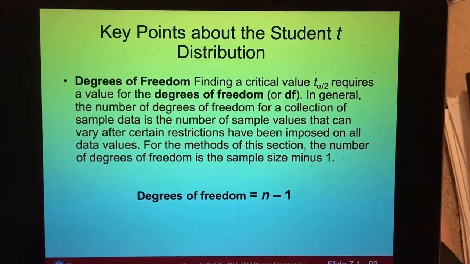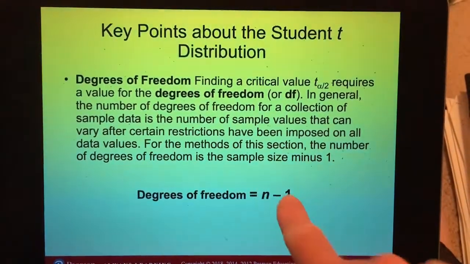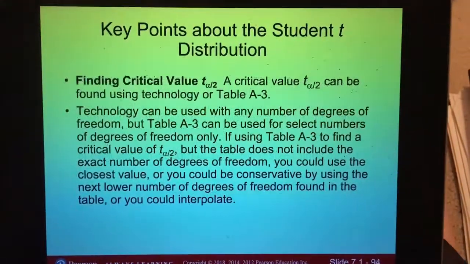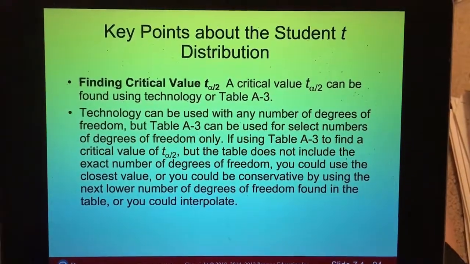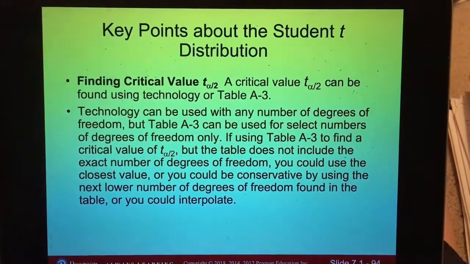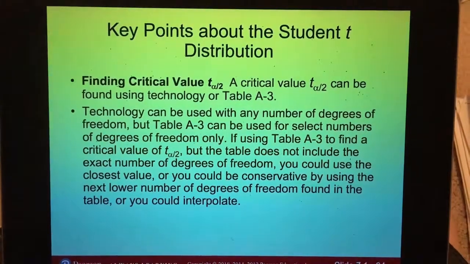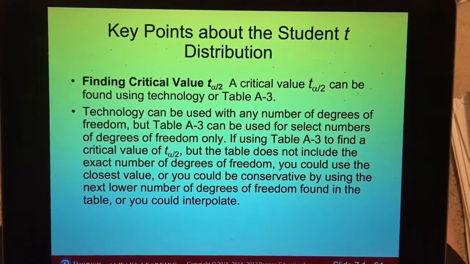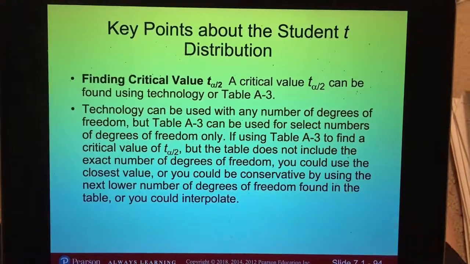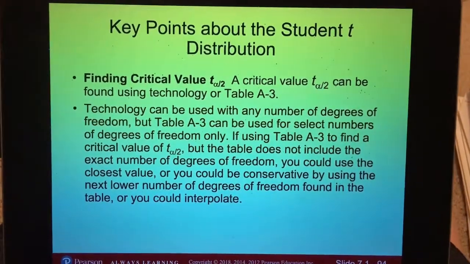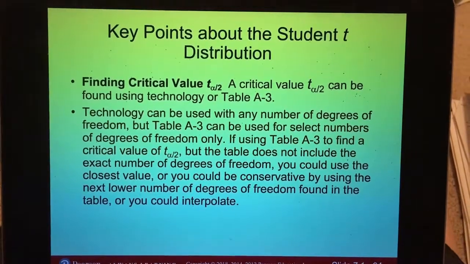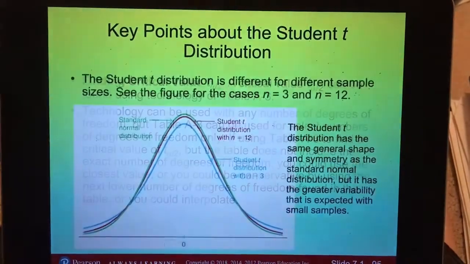The degrees of freedom is the number in the sample, take away 1. To find a critical value, we're going to use the table most often, or we can use the technology, which we'll show you. The table is going to be used most often, and I'll show you how to do that.